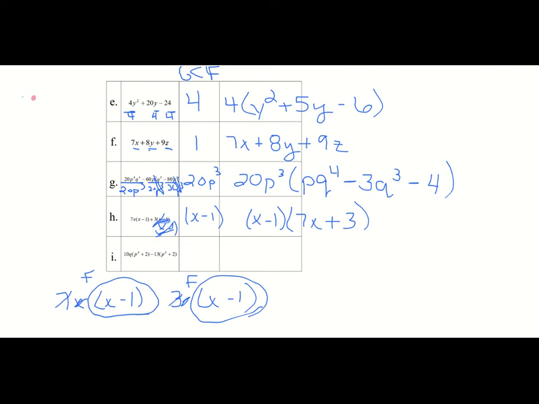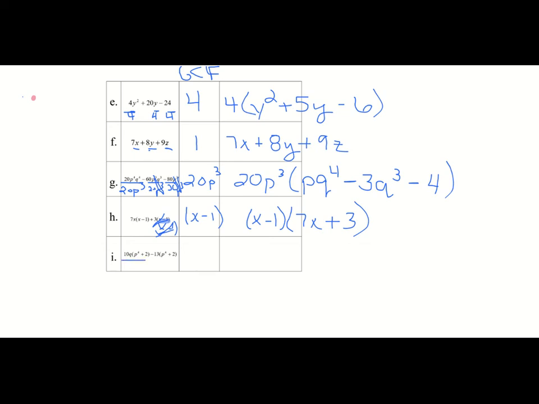So now using that same information, I want you to try this. Maybe pause the video, try it. What is your greatest common factor? So now when you're looking at it, I have again 2 terms. I have a term right here. Then I have my subtraction sign, so that means that's the second term.